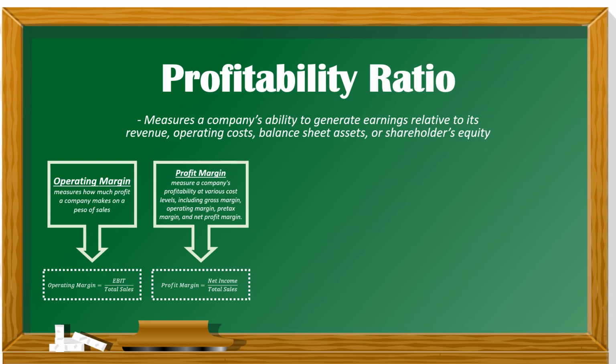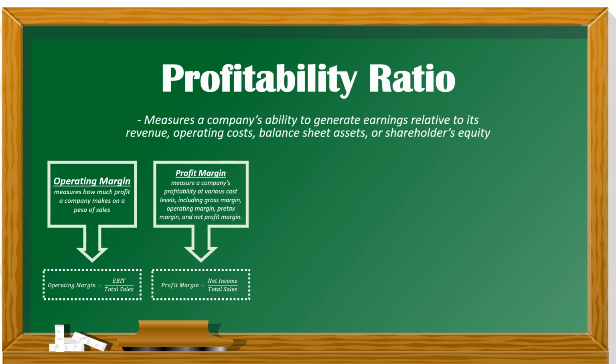The profit margin measures a company's profitability at various cost levels, including gross margin, operating margin, pre-tax margin, and the net profit margin. Here we are referring to the net profit margin, in which the formula is net income divided by its total sales.